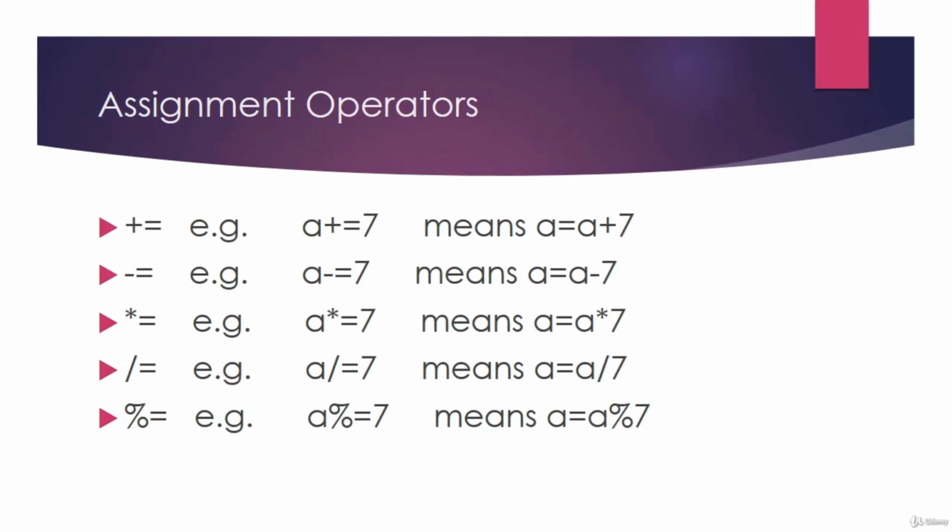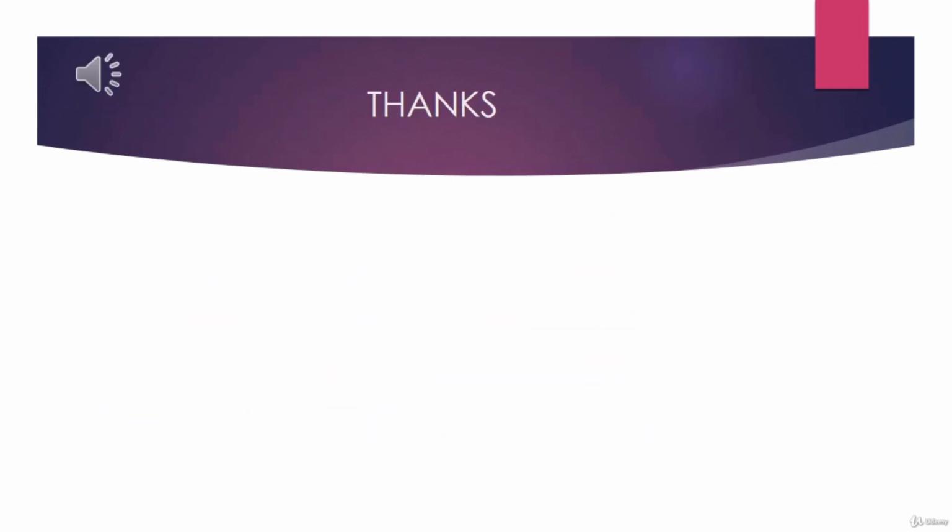For division, we will use a /= 7, which means a = a / 7, that is a divided by 7. The next is for remainder. a %= 7 means that a = a % 7. So this was a basic introduction, and thank you.